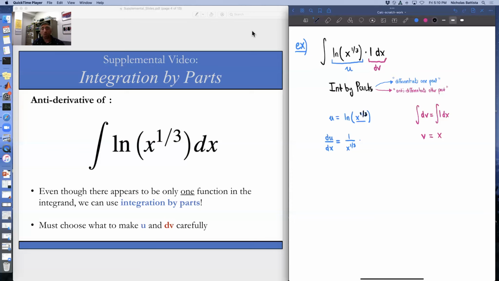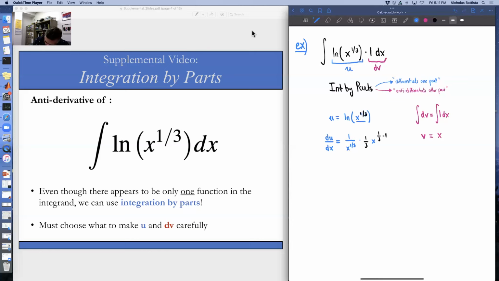We subtract 1 from that power, so we have that 1/3 multiplied times x raised to the 1/3 minus 1 power. I'll clean this up in a moment.